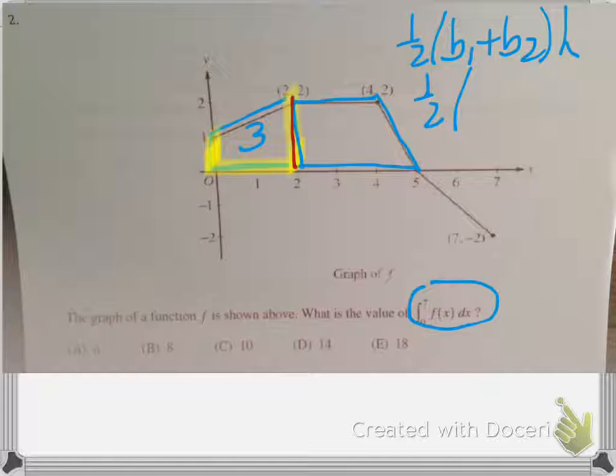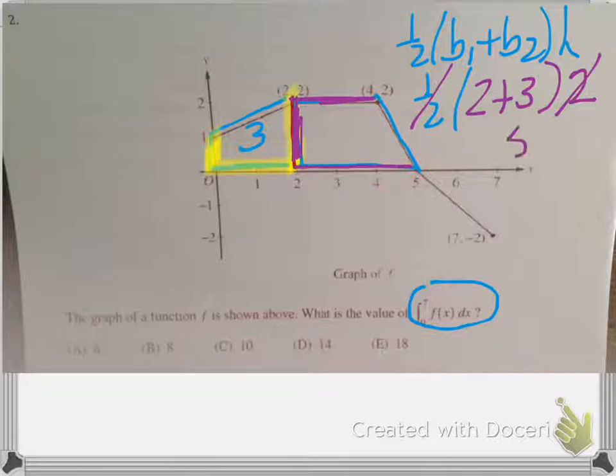How about purple? Okay, so sorry, my bases are the parallel sides. So this is one base, which is 2, and then I have this base here, which is 3, and then this piece here is my height, which is 2. So again, these cancel, and I'm left with 5. So the area of this piece is 5.